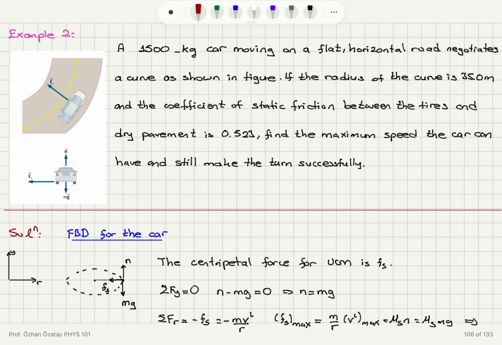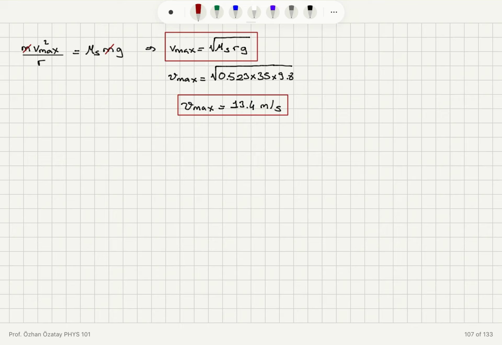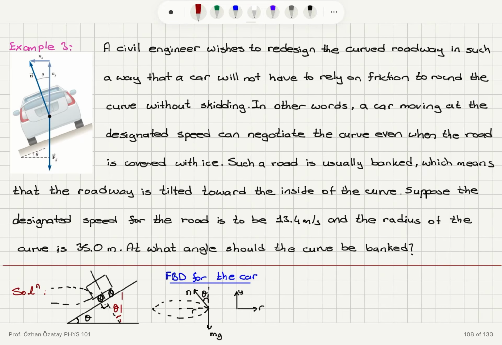So we have identified three forces: normal force, weight, and static friction. And static friction maximum value basically gives us the maximum value the speed can have, which is square root of mu s r g. And numerically we find this to be 13.4 meters per second.